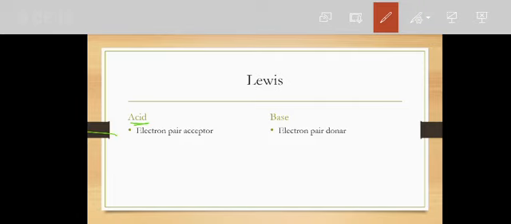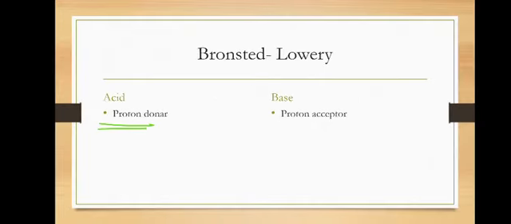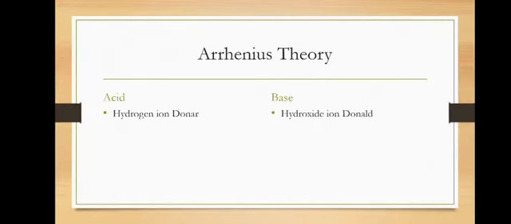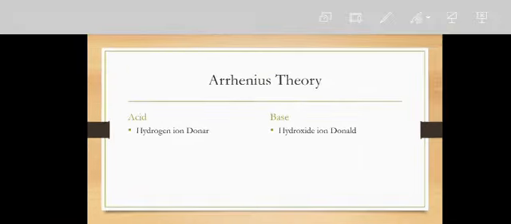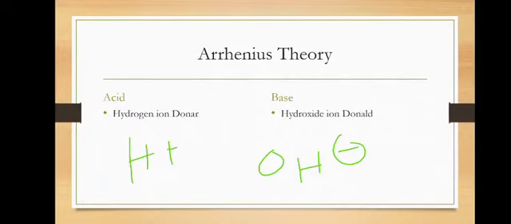So in this way, I explained all three theories. Always remember, Arrhenius theory is related to hydrogen donor and hydroxide donor, or we can say H plus and OH minus donors. If they donate H plus ion, it is acid.